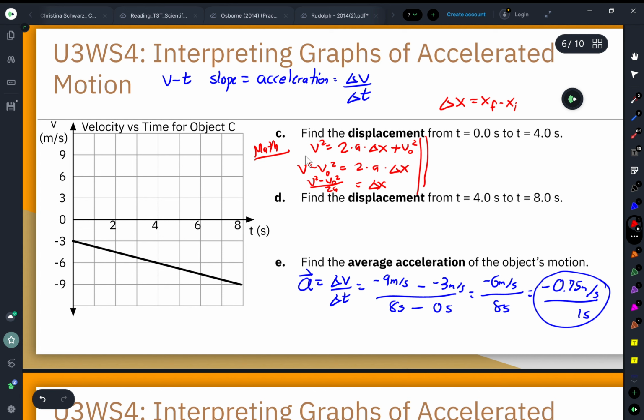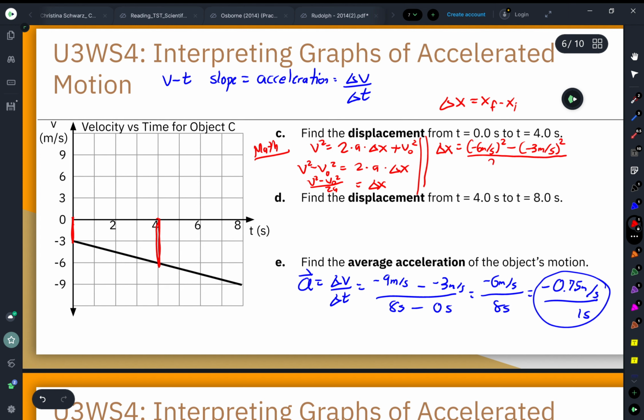So once I have my equation set up like that, I can use it to figure out the displacement from 0 to 4 seconds by looking at the velocities there. The velocity at 4 seconds is -6 meters per second, and we square that. We subtract that from the starting velocity, the velocity at 0 seconds, which is -3 meters per second.